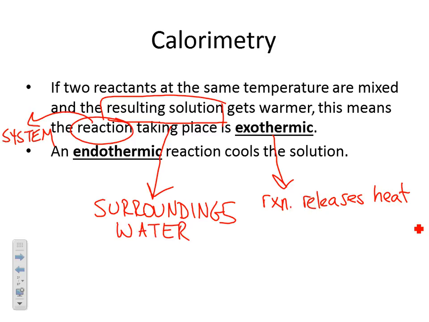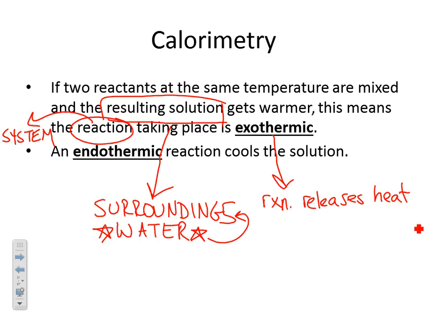That's the main component of every single solution. Even some of our concentrated acids and concentrated base solutions, by far and away, the number one thing that's in those solutions is water, not the acid or the base. So water is not going to be part of the chemical reaction, but it's going to be part of the surroundings.